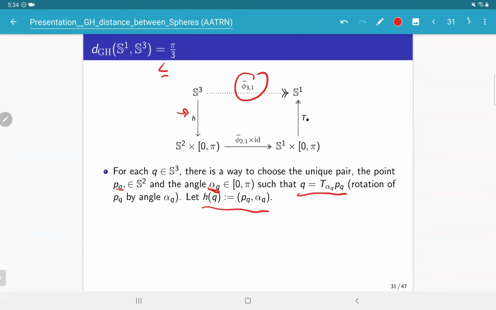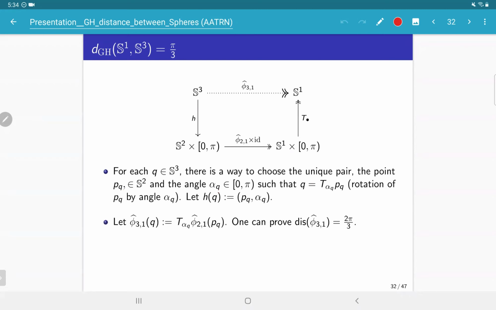And with this map, we can define the required map phi sub 3, 1 in the following way. For each point Q in S3, phi sub 3, 1 of Q is the rotation of phi sub 2, 1 of P sub Q by angle alpha sub Q. But what is phi sub 2, 1?